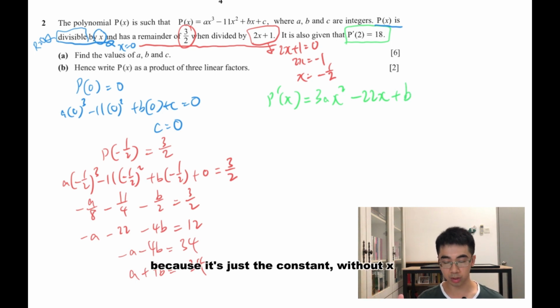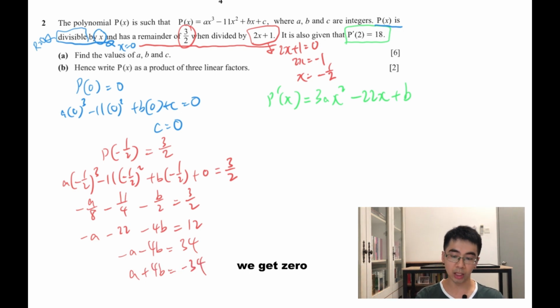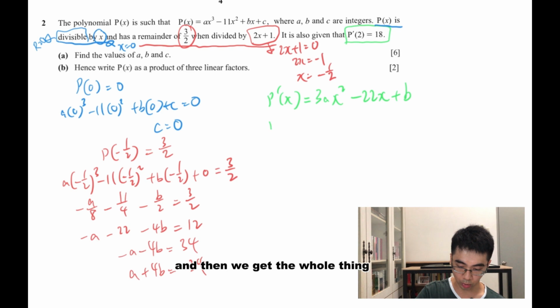But for the c, because it's just a constant without x, when we differentiate that one, we got 0, and it just disappears. So this is the differentiation of P of x, and then we substitute x equal to 2 into this one, and then we get the whole thing.